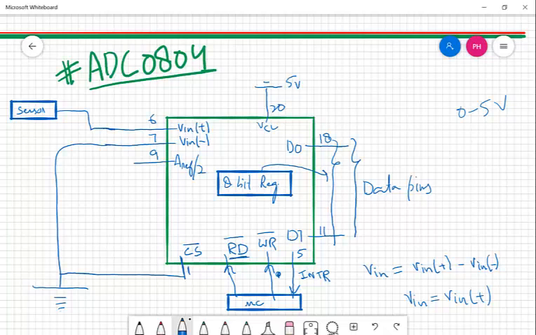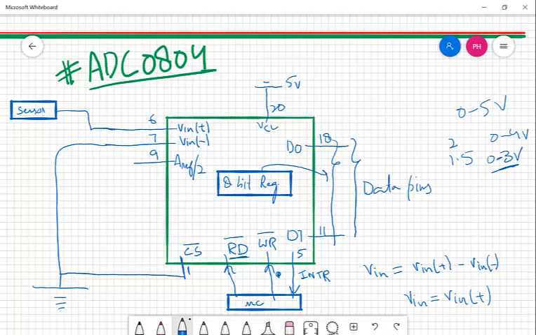For example, by connecting pin number 9 to 2 volts, the reference voltage is 0 to 4 volts. And if this pin is connected to 1.5 volts, the reference voltage changes to 0 to 3 volts. Changing the reference voltage actually decreases the step size. So that's Vref by 2.